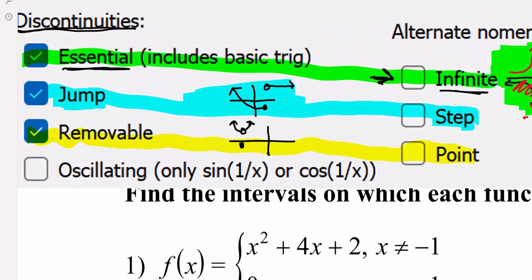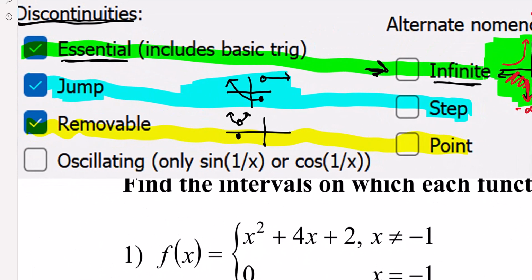The next type of discontinuity is when it looks like you could actually physically take a step. I don't know if it was an old video game, Donkey Kong? It looked like they were jumping up steps. You've got this graph right here, and there's this big leap between.